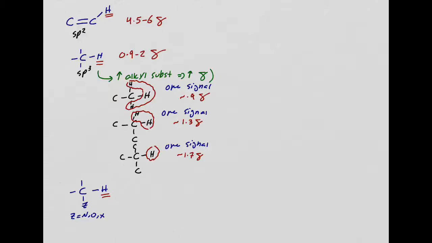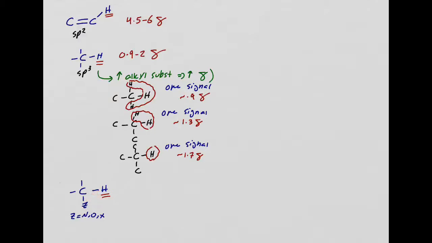Okay. So if you remember, we said when you are attached to an electronegative atom, which is the case here, the electronegative atom is going to pull all the electrons, or most of the electrons, toward itself. So hydrogen here has an electron cloud that is going to protect it, shield it against the magnetic field. But if I have an electronegative atom here, like oxygen, nitrogen, halogen, they want an electron, so they're going to pull the electron this way.